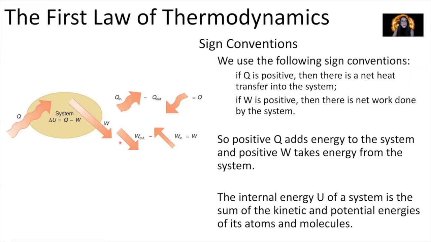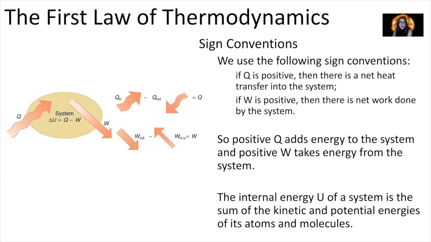Okay. So if W out minus W in is positive, that means that the work output of the system is greater than the work put into the system. If that quantity is positive, we say that the system does work. There's work done by the system. Okay.